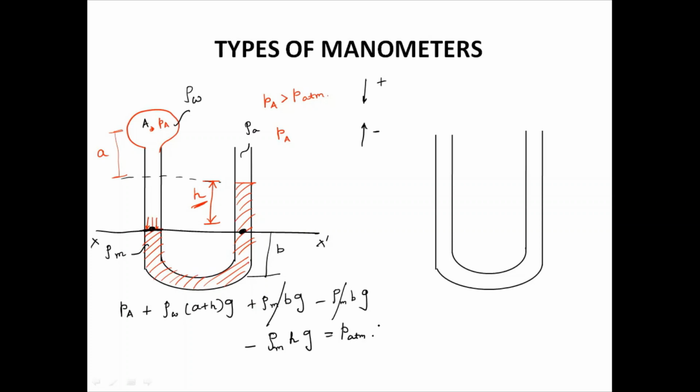In this way, you have to establish your equation. Whatever PA we get here, this PA should be greater than P atmospheric. PA should be greater than P atmospheric.